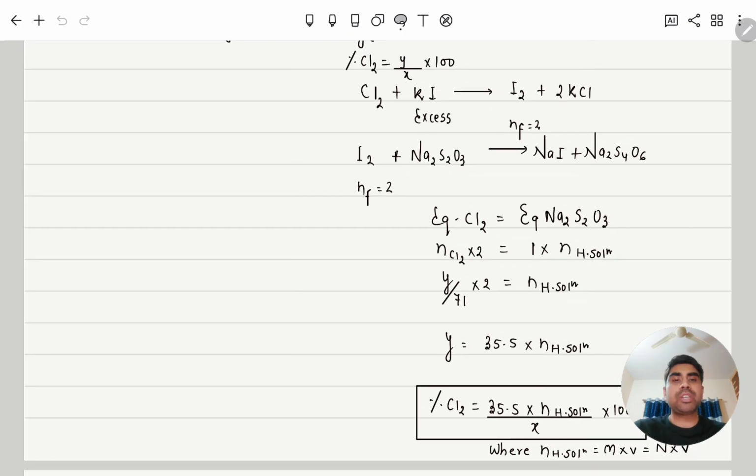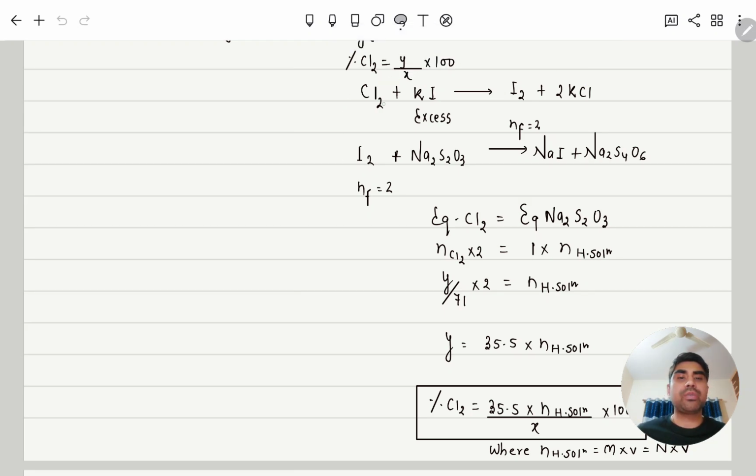So how much is the equivalence of Cl2? Equivalence of Cl2 will be the number of moles of Cl2 into n factor. So what is the n factor? Chlorine here goes to minus 1.